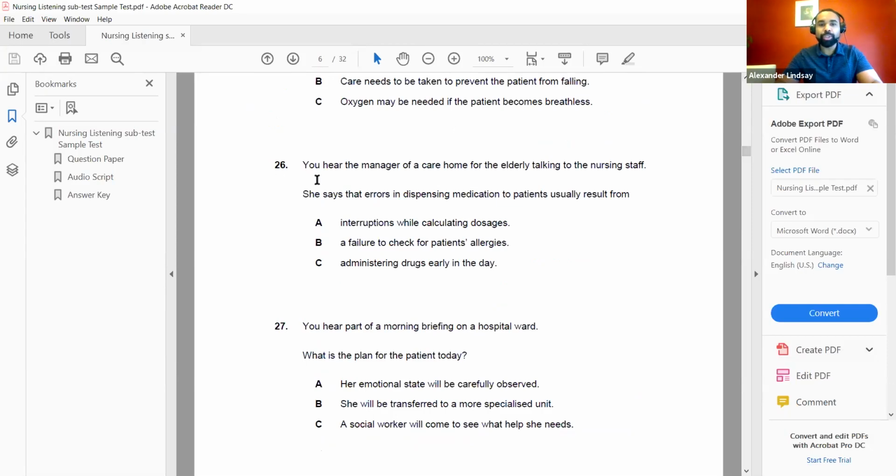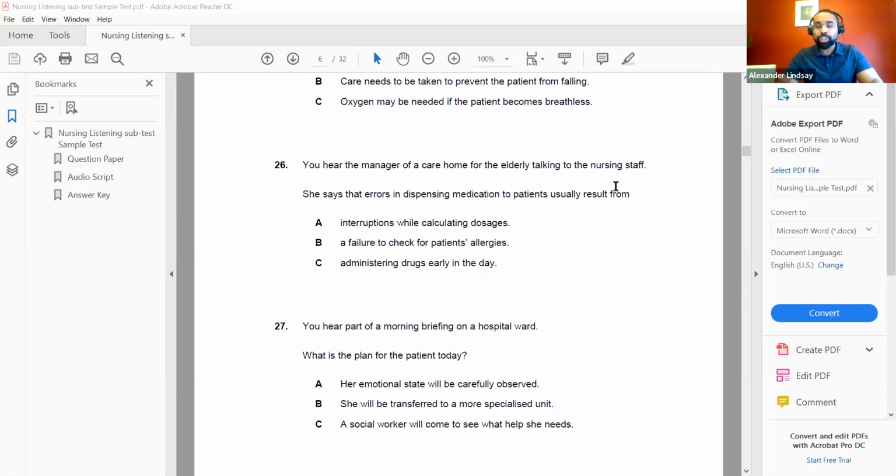It says, you hear the manager of a care home for the elderly talking to the nursing staff. She says that errors in dispensing medication to patients usually result from... Okay, so in this case, what function are we listening out for, do we think? If you want to write in the chat what you think, that would be great. So she says that errors in dispensing medication to patients usually result from, and then we've got our options here.